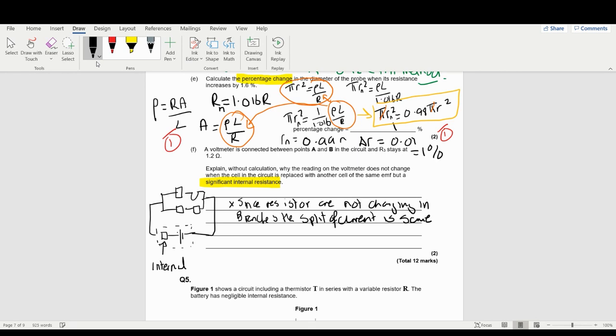So whatever current is left will still be split up in the same ratio. And because it's V equals IR, the same ratio split would mean that you have exactly the same potential.